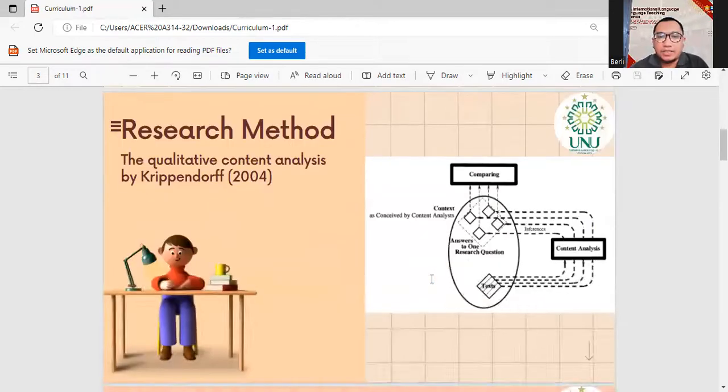For this occasion, I'll use the research method of qualitative content analysis promoted by Cliff Pendorf.